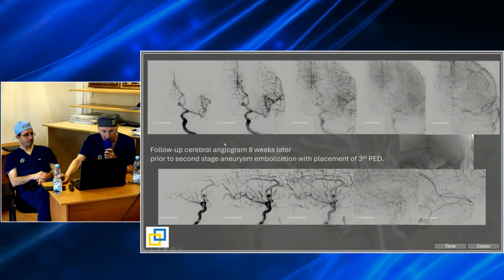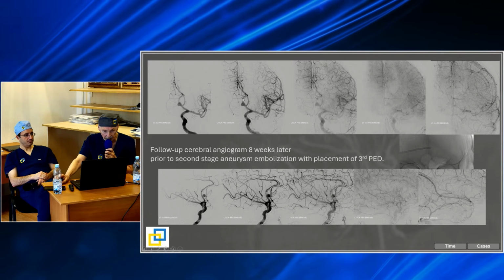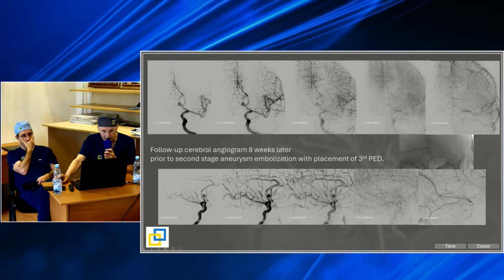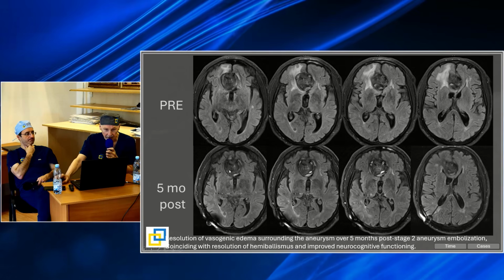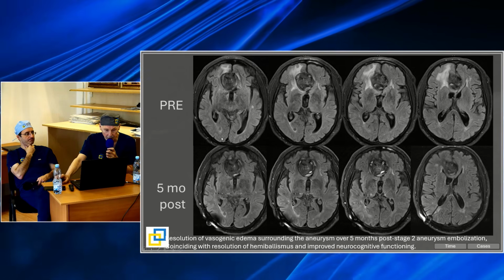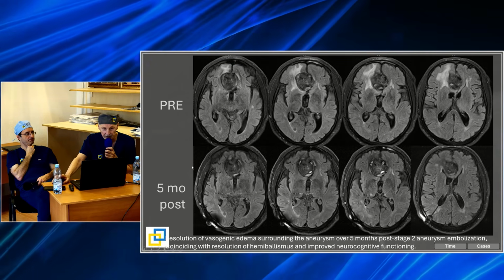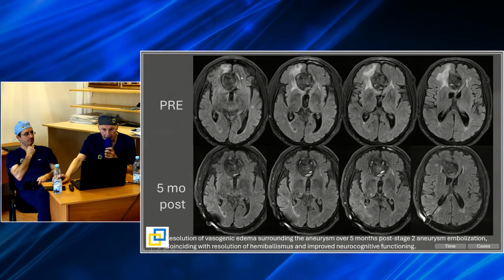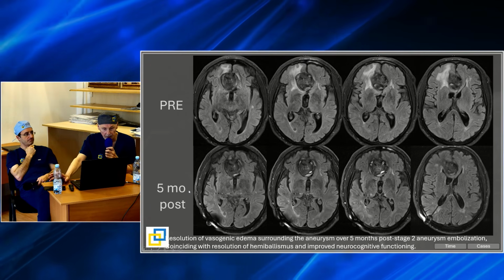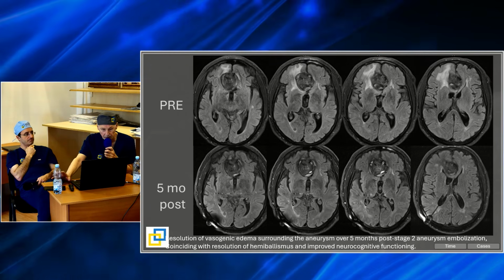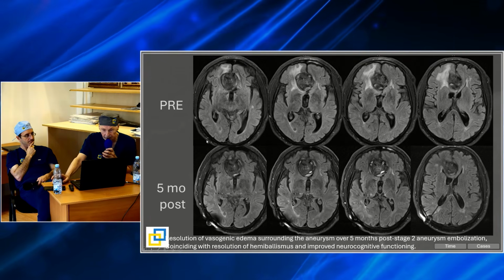This is a little bit later, a follow-up eight weeks later. We decided to stage it and add additional Pipeline to this. I have limited follow-up of a couple of years in this gentleman because he ultimately died of advanced prostate cancer. But over a five-month period, his clinical symptoms resolved. The hemiballismus and neurocognitive function improved; he wasn't bifrontal any longer.